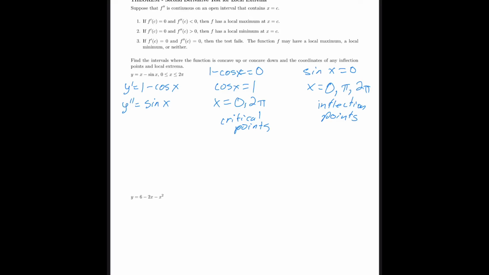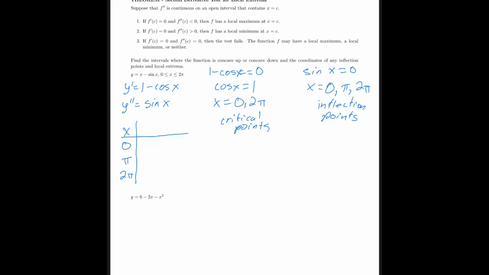One of the interesting things that happens here is we can't use the second derivative test to find local maximum and local minimum, because notice that when f prime is 0, f double prime is also 0.